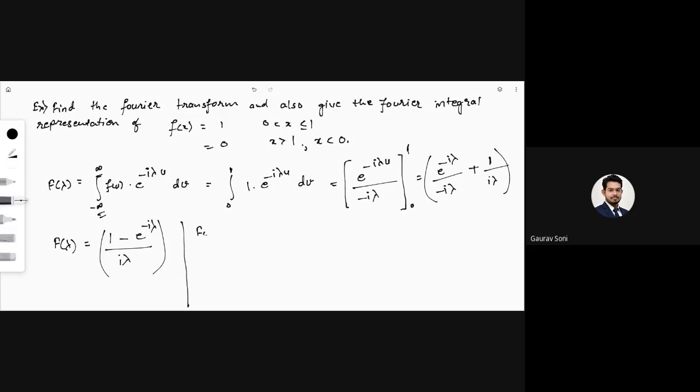Now the Fourier integral representation. What do we have to do? Inverse.